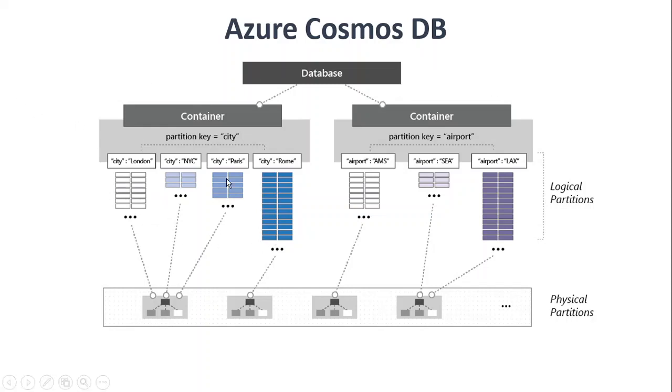As a user, we just care about the partition key, but the Azure Cosmos DB engine will take care of this. From this diagram, we can see London, New York, Paris will fall into this physical partition. Rome goes here, the airport AMS goes into this partition, and LAX and others go into this physical partition. So one physical partition can have multiple logical partitions in it.